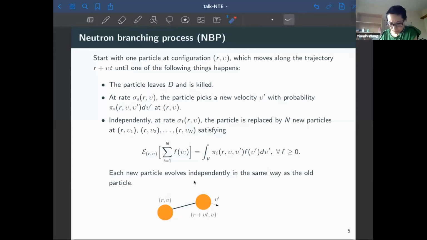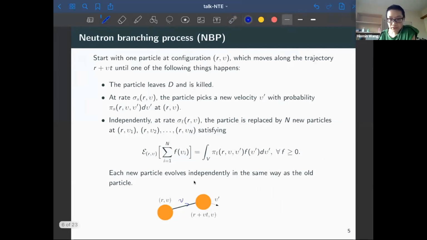So imagine you're a neutron. You start from this given configuration r, v, and then you travel with this constant speed v in a straight line. If you leave the domain, you're dead.